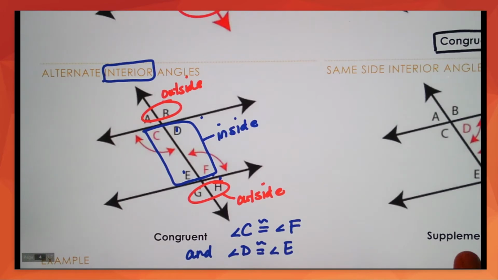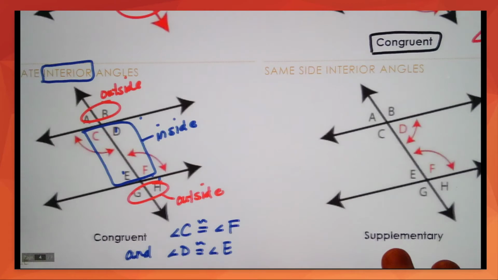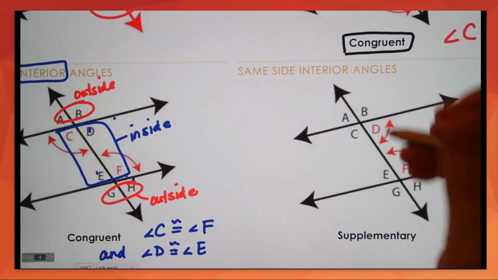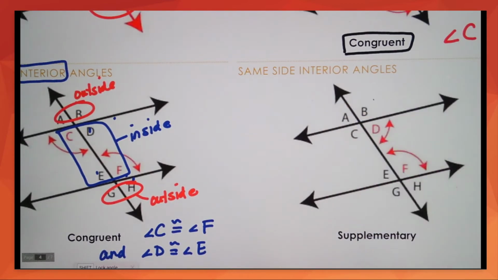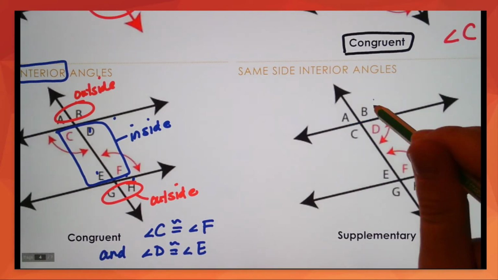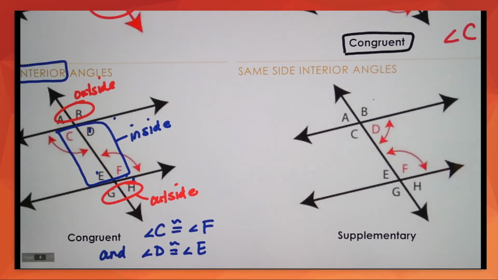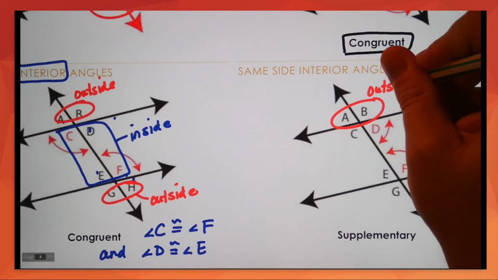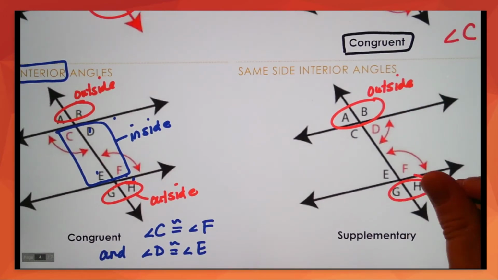And then the last piece you need to know is about same side interior. So we are again talking about the difference between it being on the outside or the inside. This is outside, and this is outside.